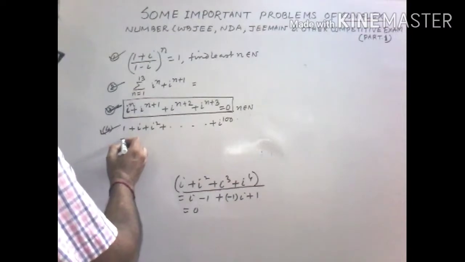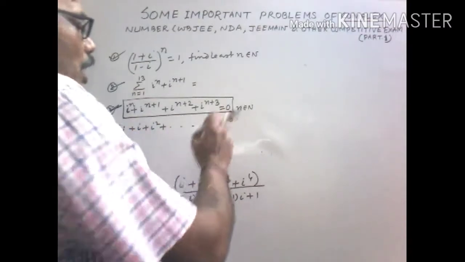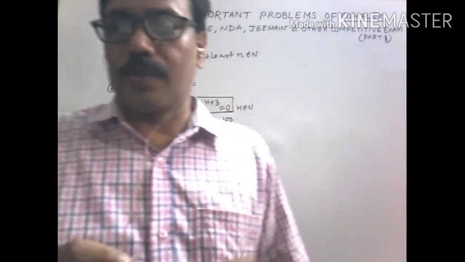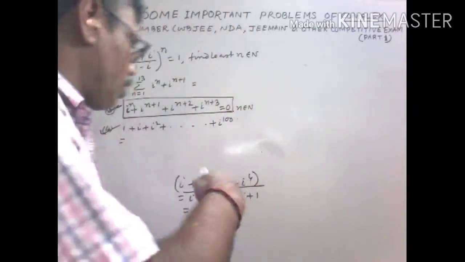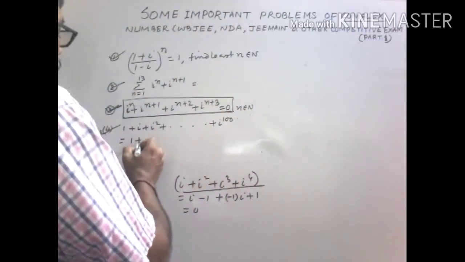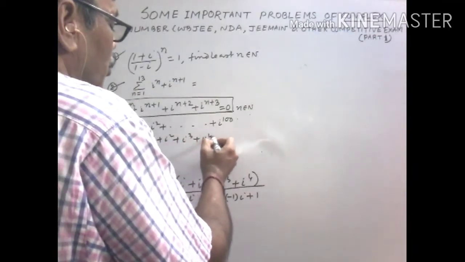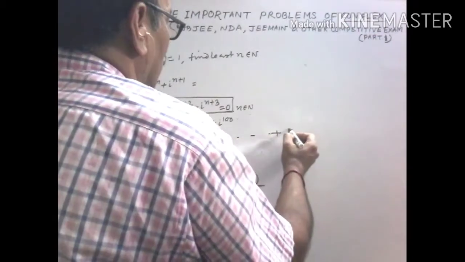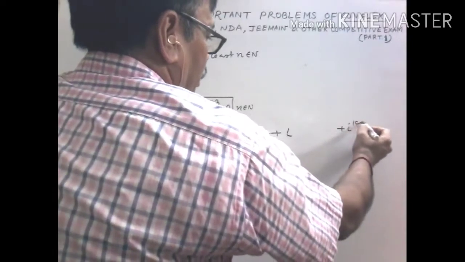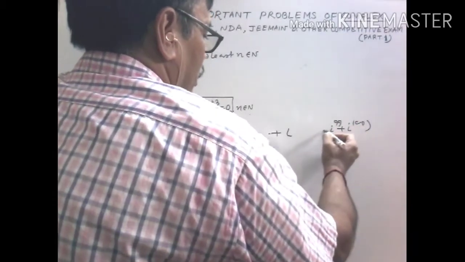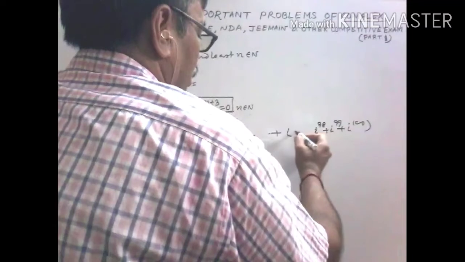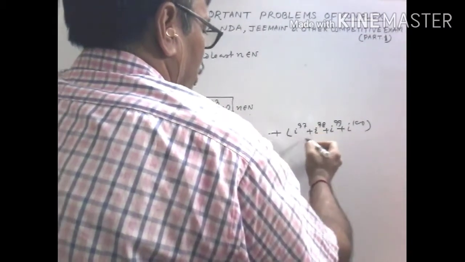Now problem number 4: 1 plus i plus dot dot dot up to i to the power 100. So how many terms? 101 terms. So we can write it as 1 plus i square, i cube, i to the power 4, then i to the power 100, i to the power 99, i to the power 98, i to the power 97.